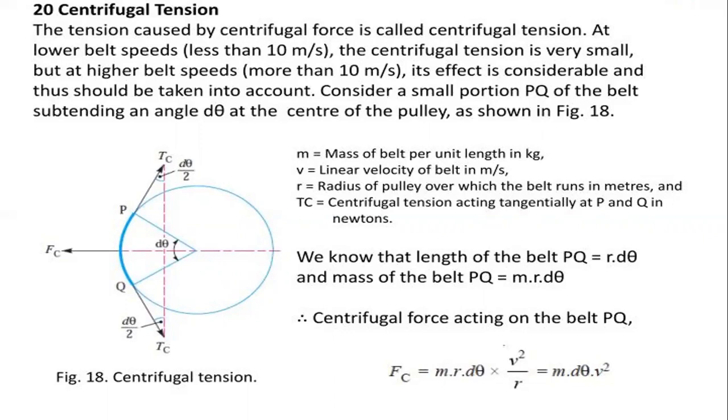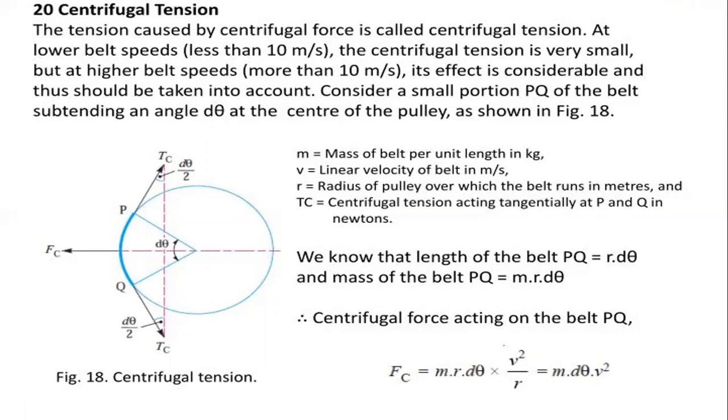Here consider a small portion PQ. This is the small portion of the belt on the pulley that we consider for an angle d theta at the center of the pulley. Here we take the notations as follows.